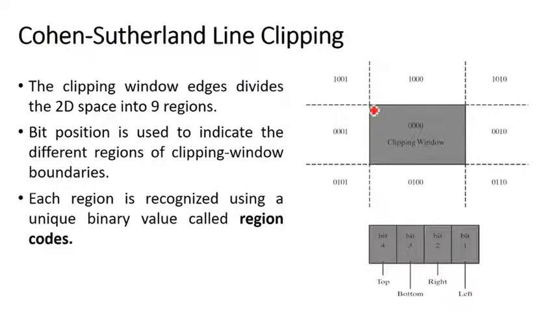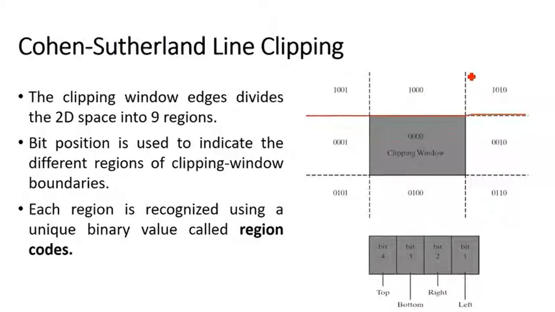I divide the 2D space in and around the clipping window into 9 regions like this. I extend my top edge, right edge, left edge and the bottom edge. So that divides the 2D space into 9 regions like this.